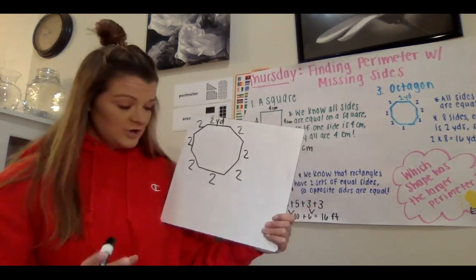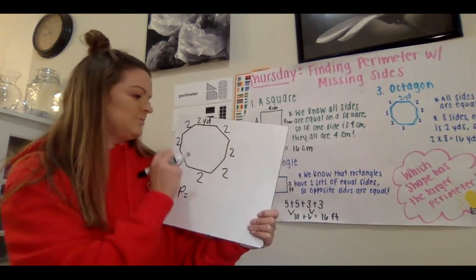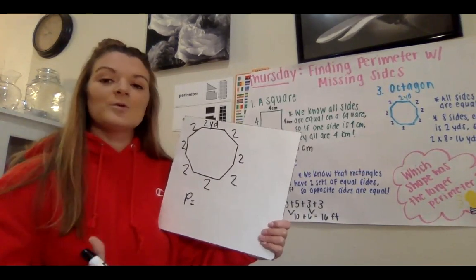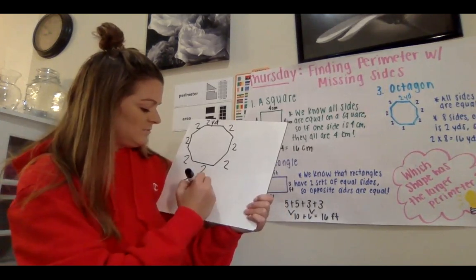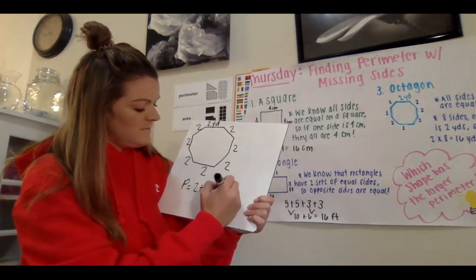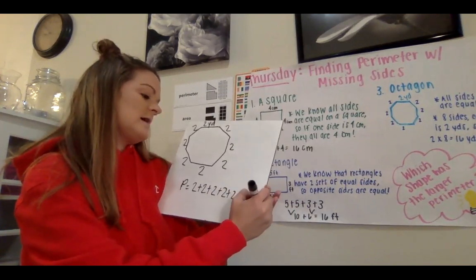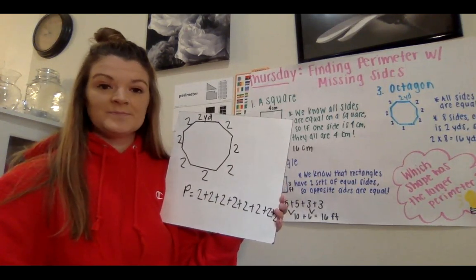Now, I could write perimeter equals 2 plus 2 plus 2 plus 2 plus 2 plus 2 plus 2 plus 2. That would take me a long time to write. What is another way I could write 8 groups of 2? In other words, 2, 3, 4, 5, 6, 7, 8. I have 8 groups of 2. What's another way I could write this equation?